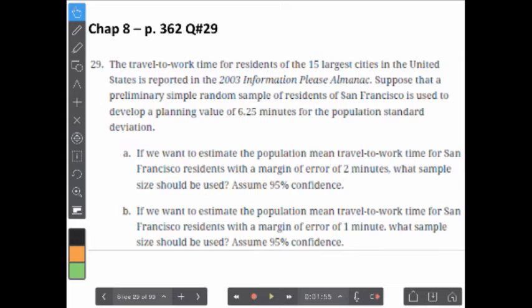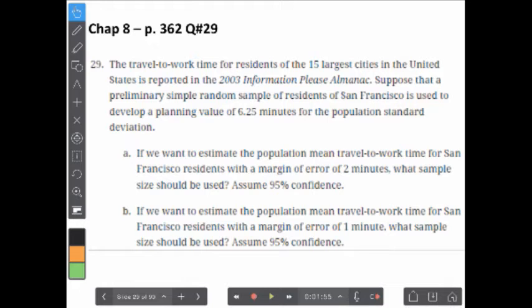Suppose that a preliminary simple random sample of residents of San Francisco is used to develop a planning value of 6.25 minutes for the population standard deviation. If we were to estimate the population mean travel time for San Francisco residents with a margin of error of 2 minutes, what sample size should be used?